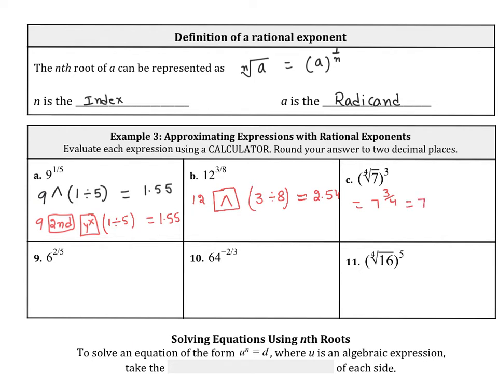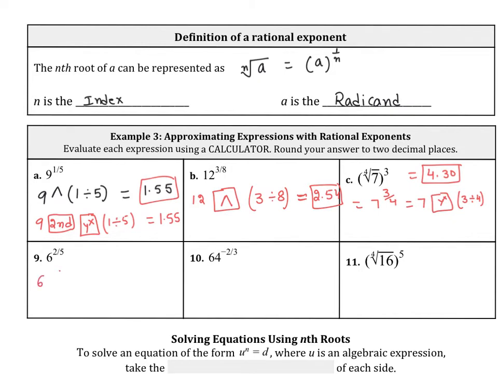You're going to press 7 and you're going to press the button y to the power x, and then you're going to press 3 divided by 4, and then you're going to get the answer as 4.30. I'm going to box the answer just to make sure that we know what is the answer.